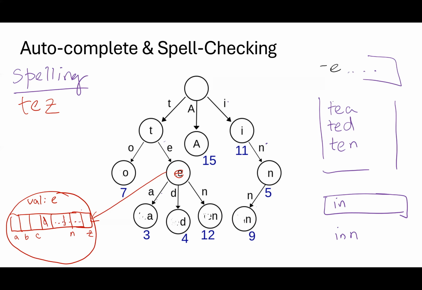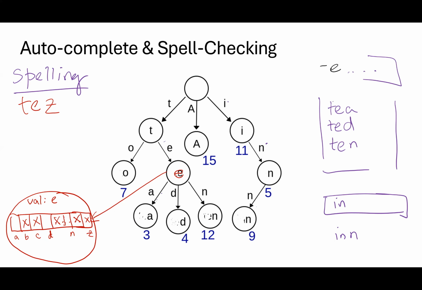Okay, so you see from this example, these are empty, right? A, D, and N are the only ones there. So all these are empty or null. There are no children with these characters.